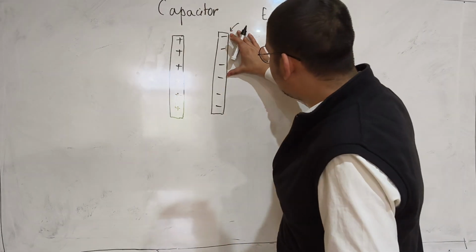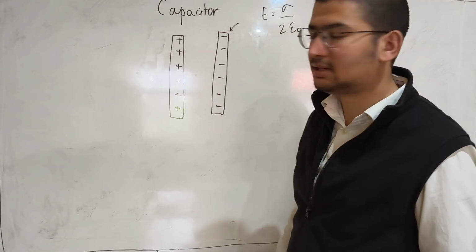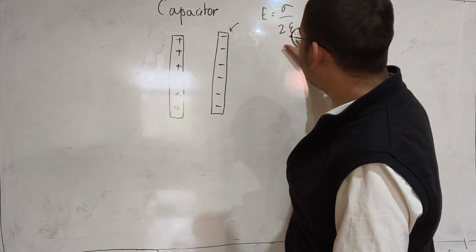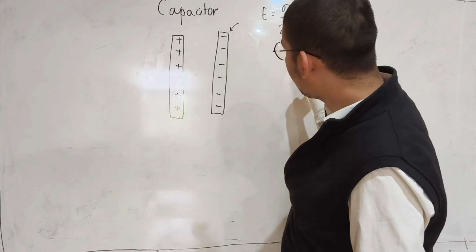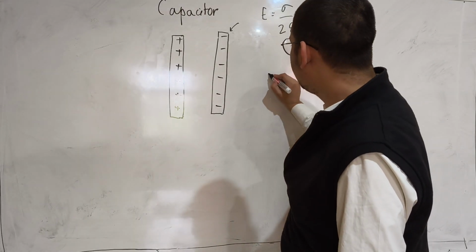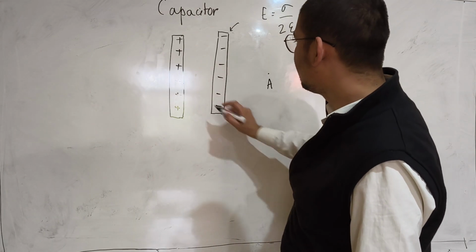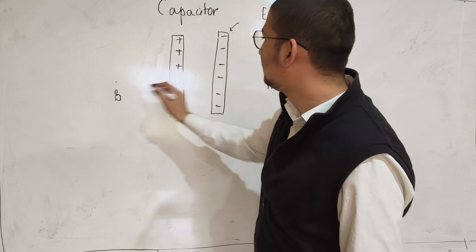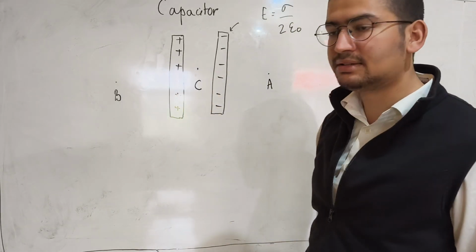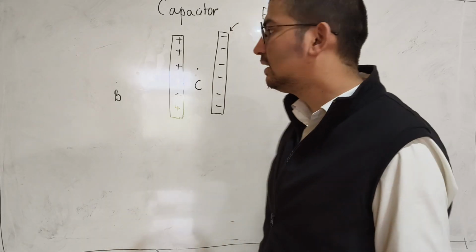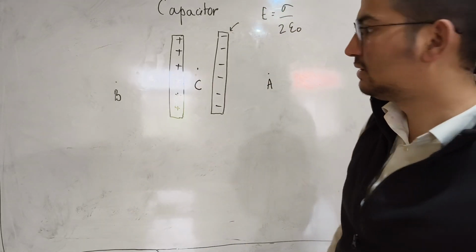So the plate here, the one with negative charges, will have this electric field around it. At any region, let's say here, region A and region B, and let's say region C. C lies in between the plates, A and B lie outside of the plates.